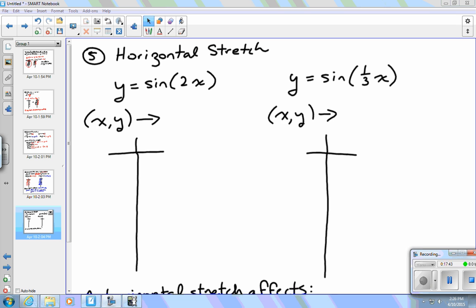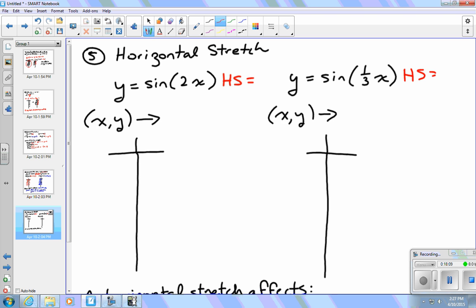Okay, one more transformation to look at, and that's our horizontal stretch. We'll do that by looking at these two examples. One is where I'm multiplying the x by 2, and another one where I'm multiplying it by 1/3. And if you recall how horizontal stretches work, you might want to make a prediction as to what the horizontal stretch is equal to for these, and think about what characteristic of the function it might change, and what our new mapping rule for these two functions might look like.